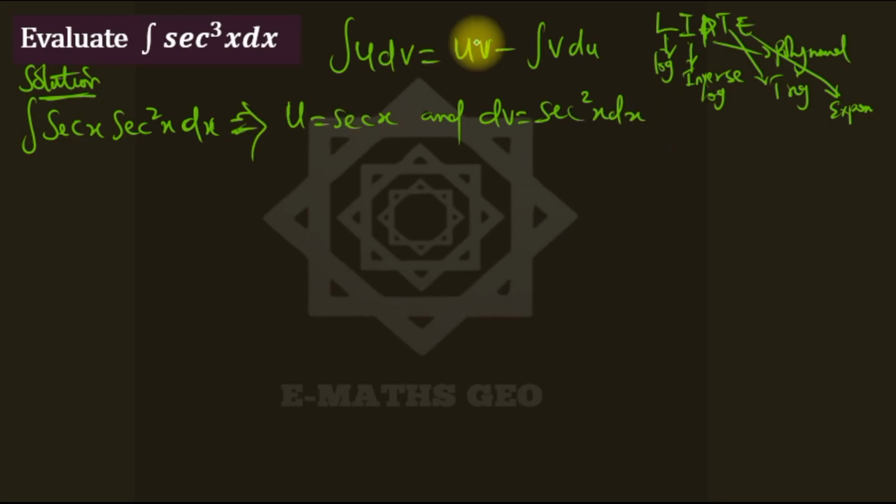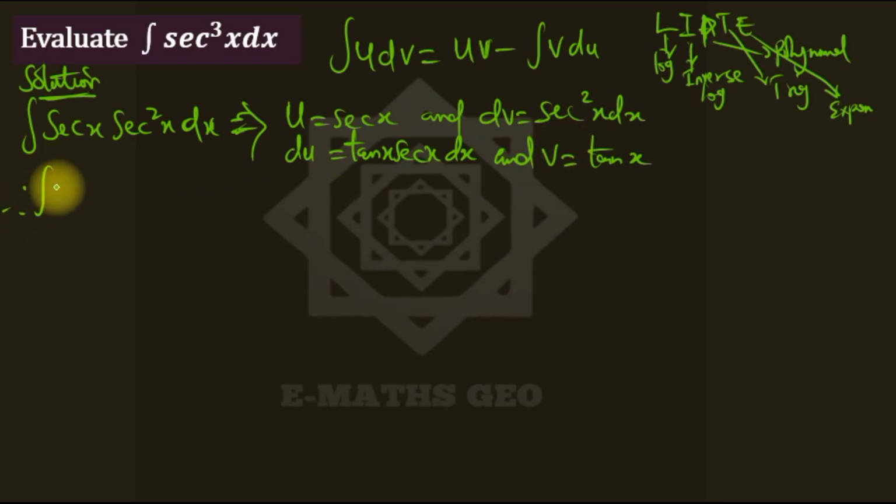In this formula we need to get v. How do you get v? You integrate dv, and to have du we differentiate u. So du dx is tan x sec x, that's the derivative of sec. We make du the subject of the formula, so du is tan x sec x dx. And v: if I integrate sec squared, I have tan x.